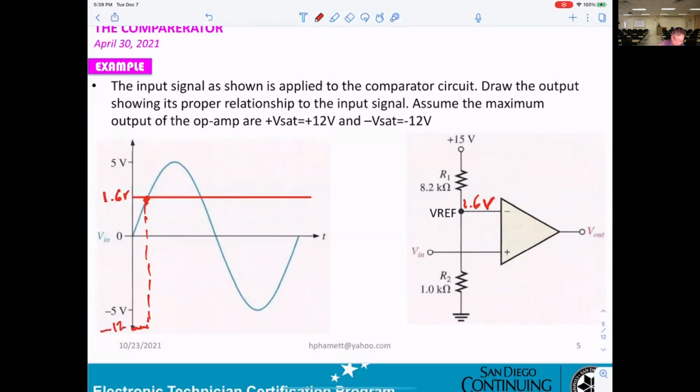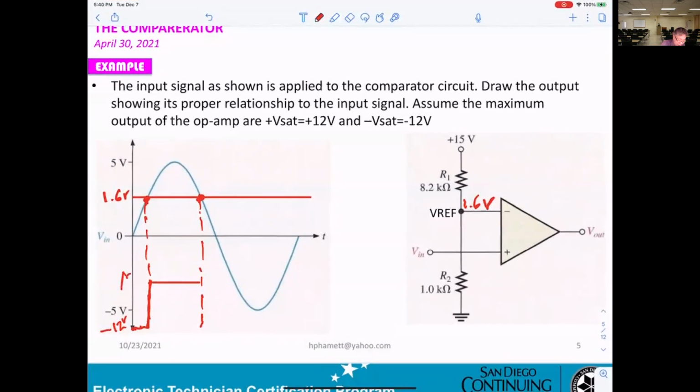Minus 12. Okay, and at this point, you can go down. It's higher than 1.6. So okay, it will go to positive saturation.